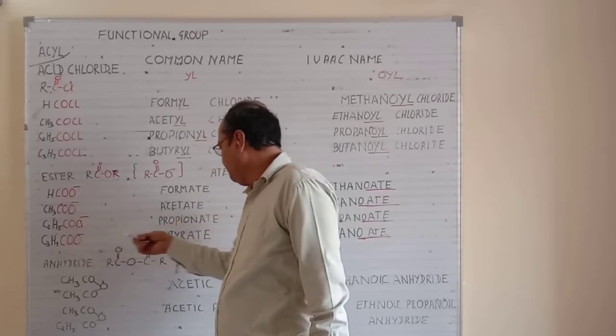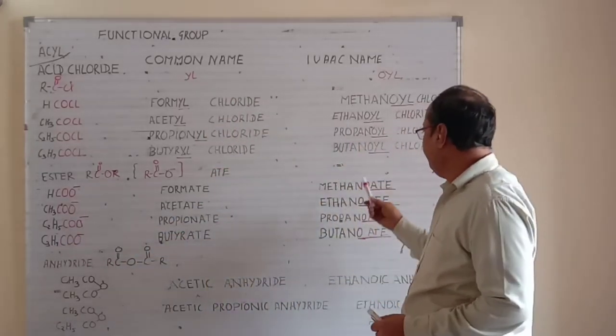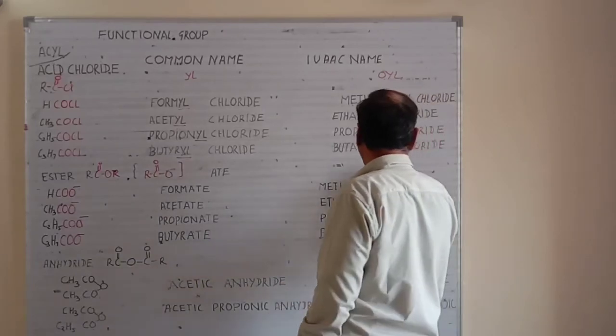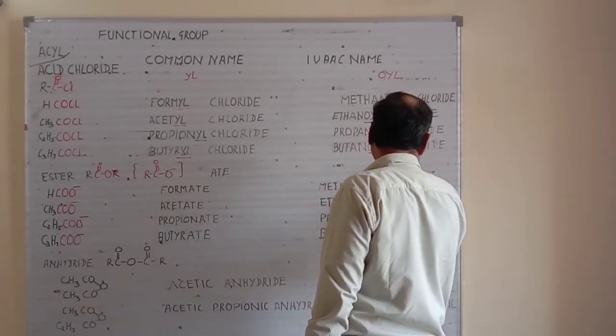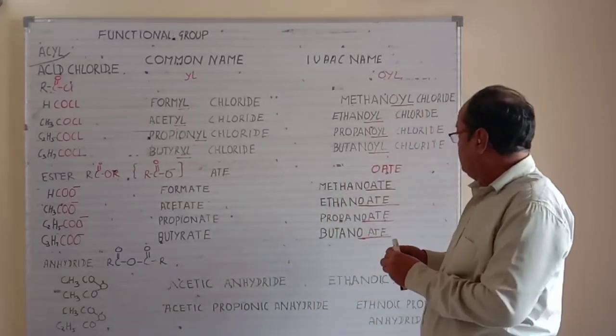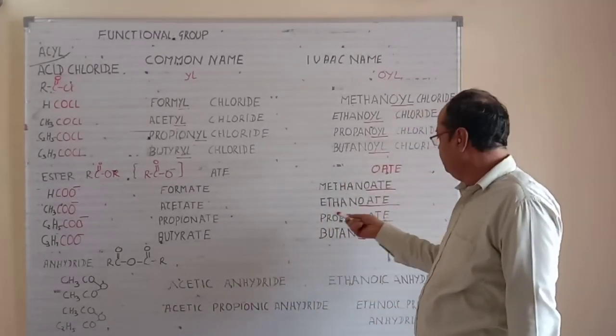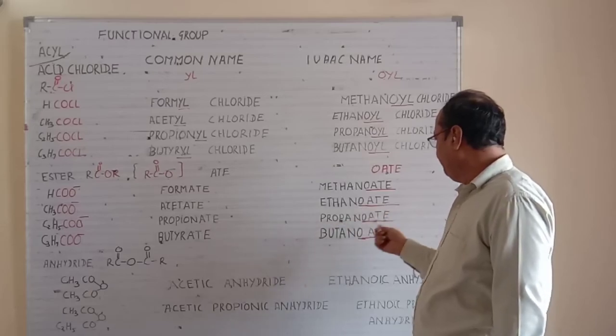This four carbon is butyrate. Same way, in IUPAC we are using the word oate. So this is methanoate, ethanoate, propanoate and butanoate.